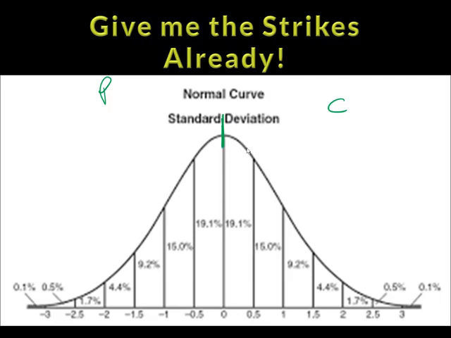But if I'm going to buy an in-the-money put, that means it's basically on this side of the equation, okay? So if I'm buying an in-the-money put, basically I'm looking at a one standard deviation put that I'm buying. So I would buy the 84 delta or 84% probability put, okay?